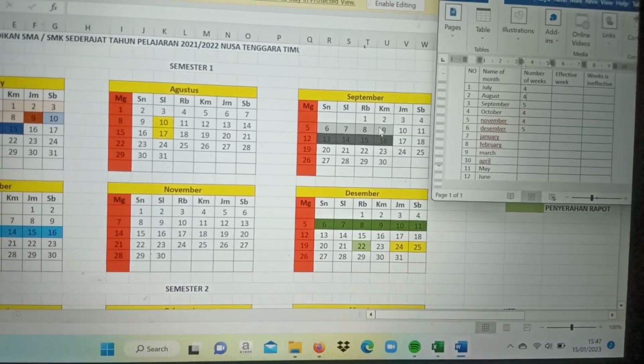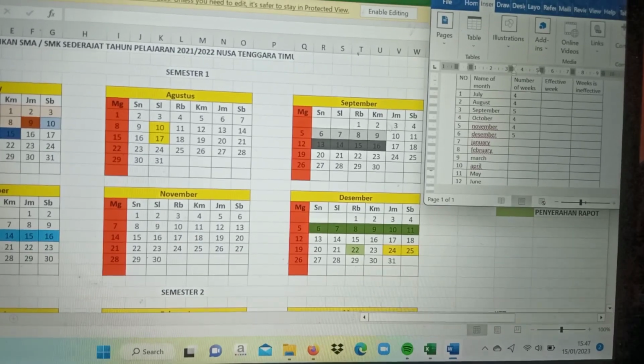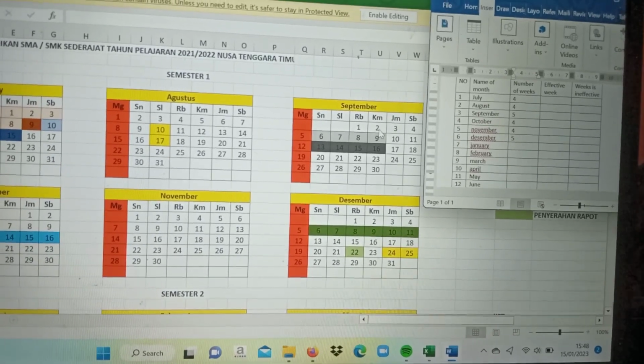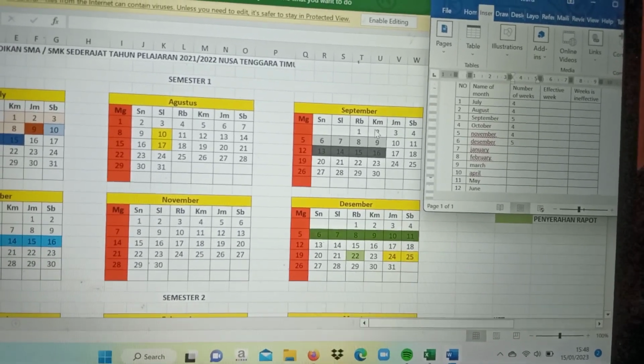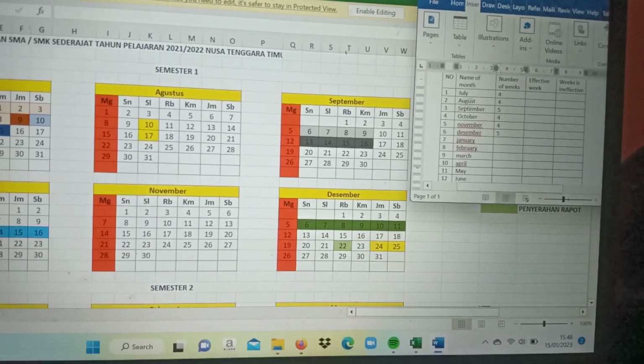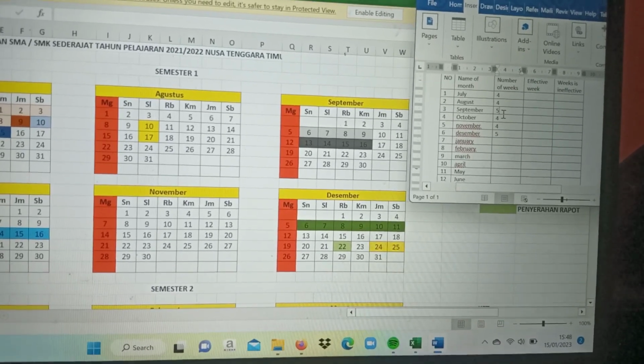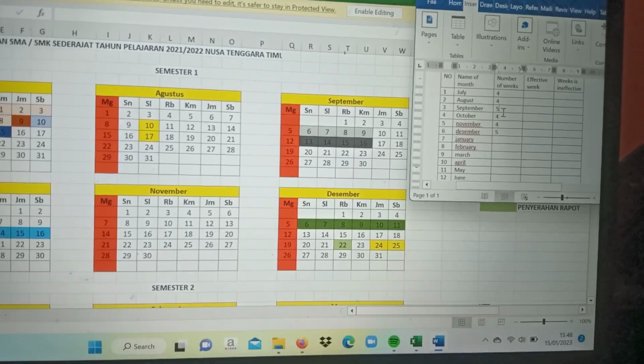And next in September. In September, the first week has 4 days, so it can be counted as 1 week. We can count 1, 2, 3, 4, 5. Here I already wrote that September has 5 weeks.